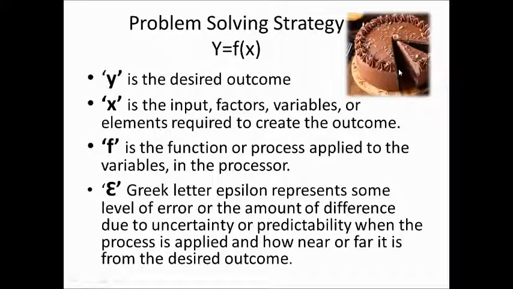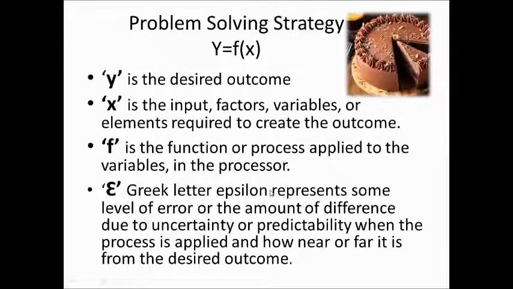desired outcome, X is the input or factors or variables or elements required to create the outcome, which are the flour, the sugar, the eggs, the milk and baking powder. F is the function of the process to be applied.